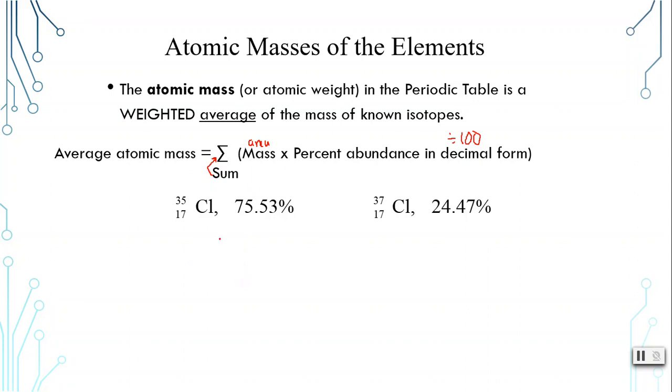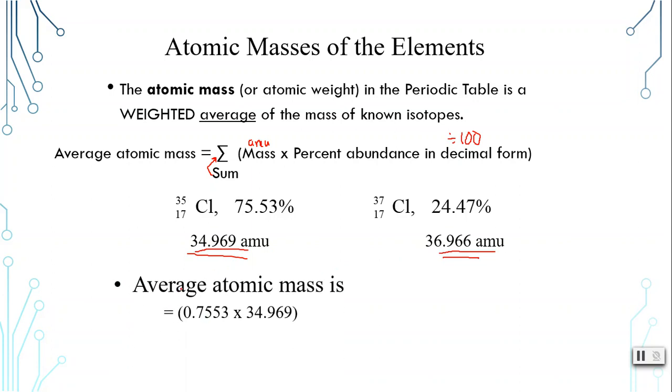So since chlorine has 2 isotopes, when I calculate, here I gave you the specific atomic masses for those 2 isotopes. If I hadn't given you those, then you should use this. But since I gave you the specific atomic mass for each isotope, you should use that in your calculation.